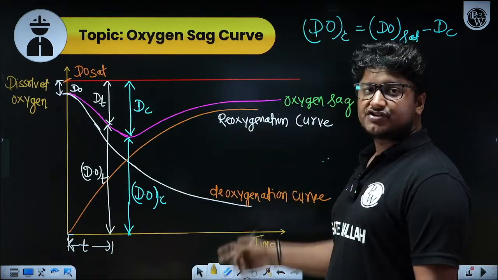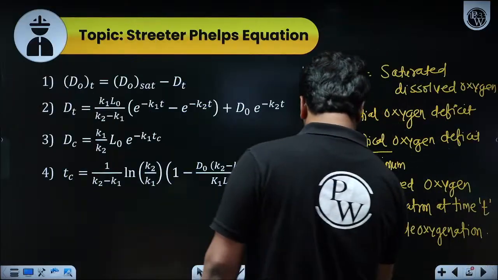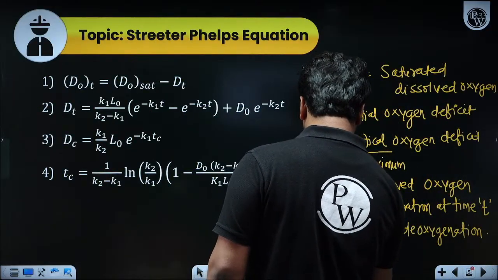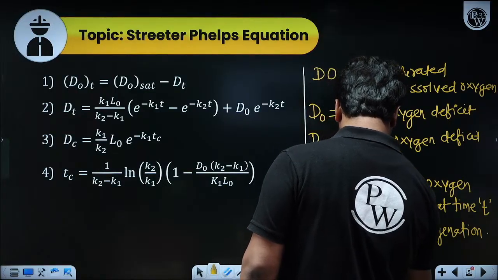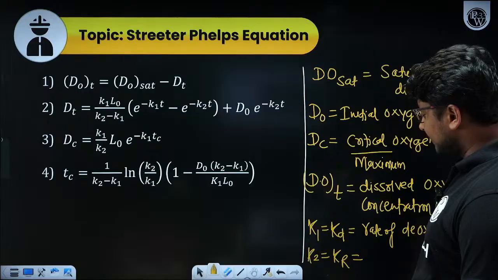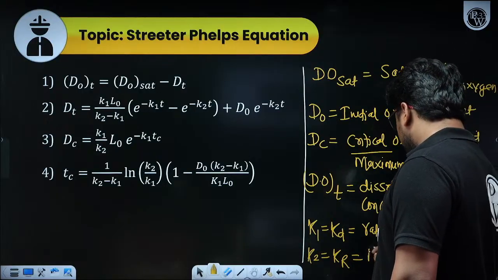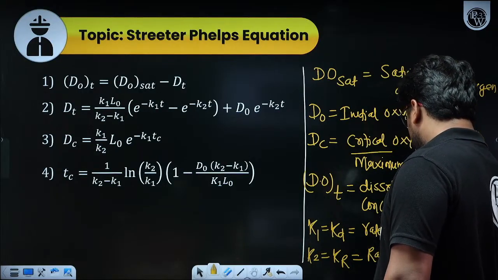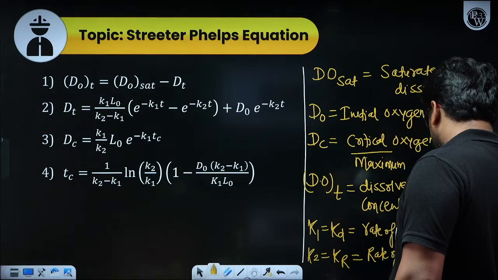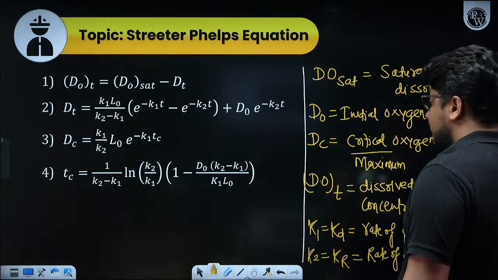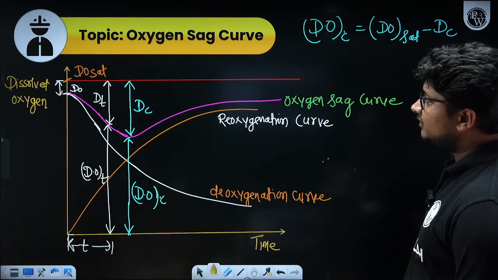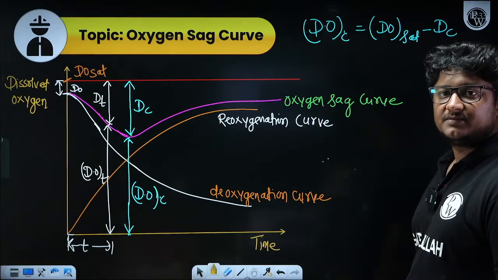Similarly, the reoxygenation rate constant will also be there. That is something which we write as K2, which is equal to KR. We also represent K2 as KR, that is the rate of reoxygenation. All the terms are clear?